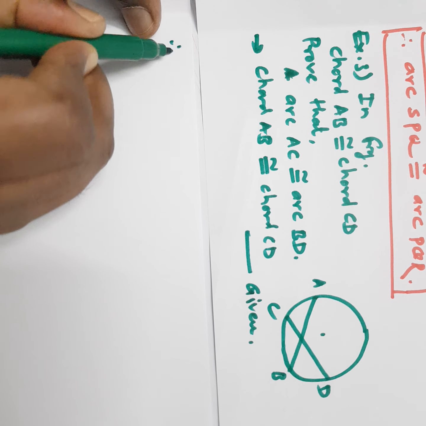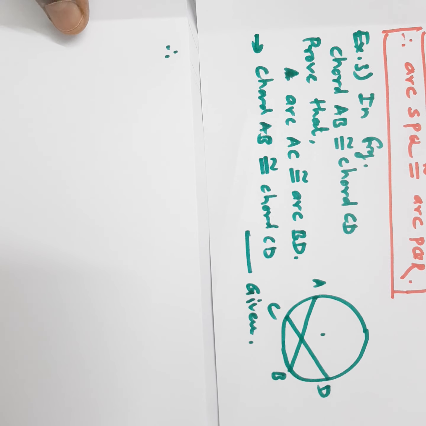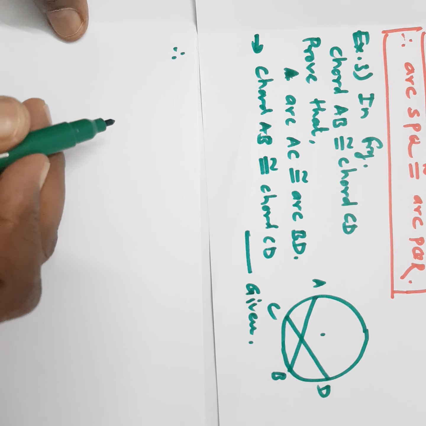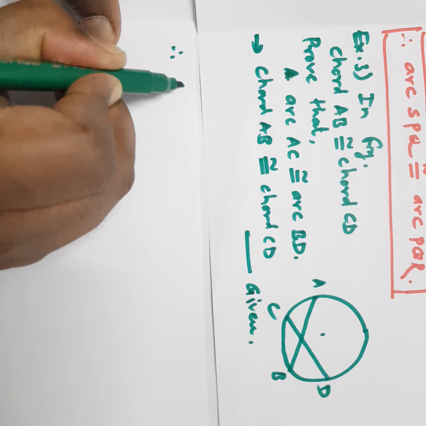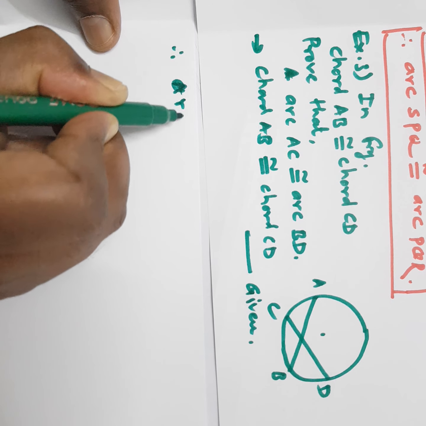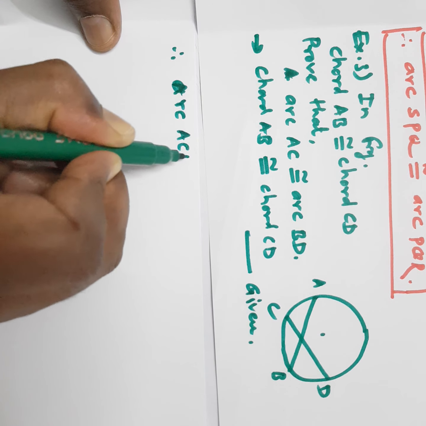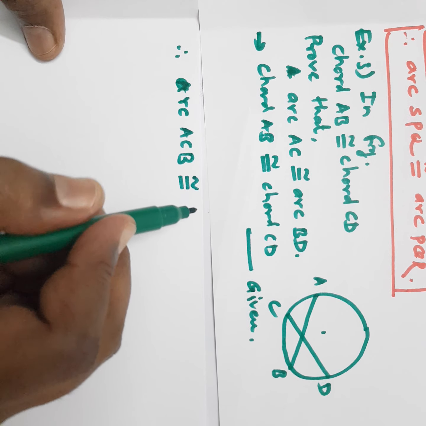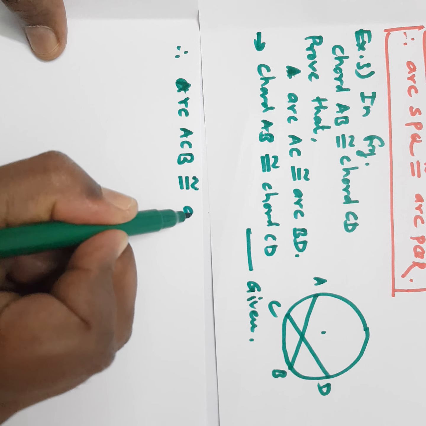Now if two chords are congruent, then their corresponding arcs are congruent. Chord AB has its corresponding arc ACB, therefore arc ACB is congruent to arc CBD.